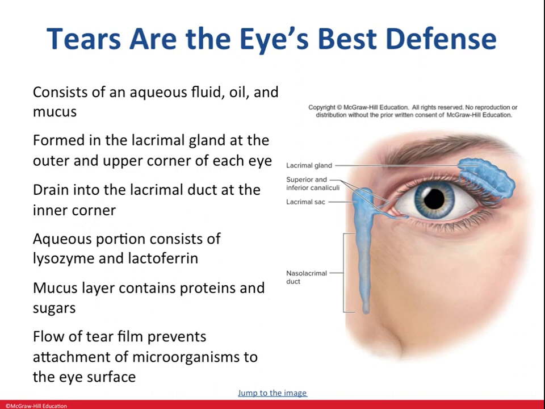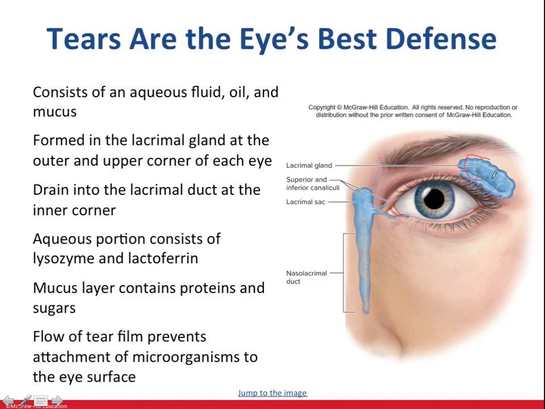The eye also generates tears. The tears are aqueous fluid containing oil and mucus. It is formed by the lacrimal glands on the outer and upper corner of each eye.